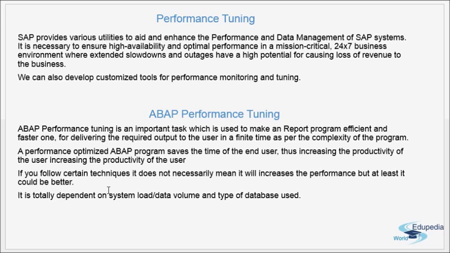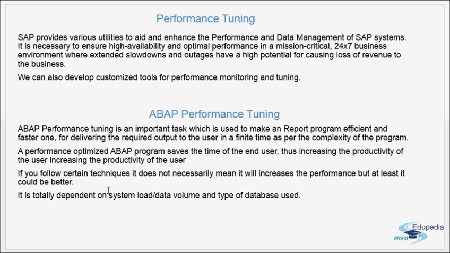So performance of the system is very important. When the businesses are open to the end users 24/7, the management aims at high availability and optimal performance of the ERP systems. Otherwise, it will cause a huge loss to their revenue.